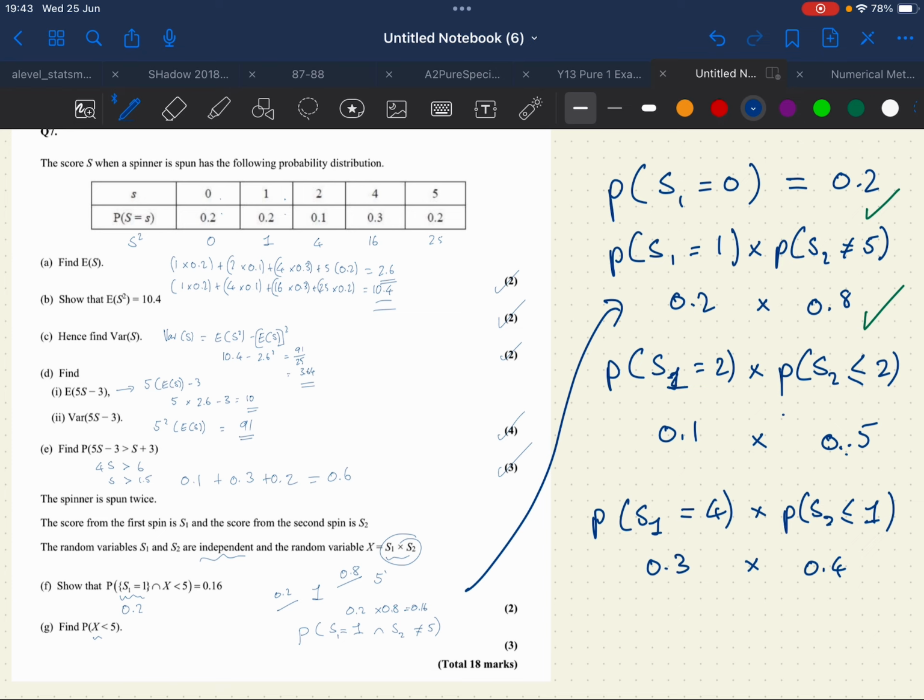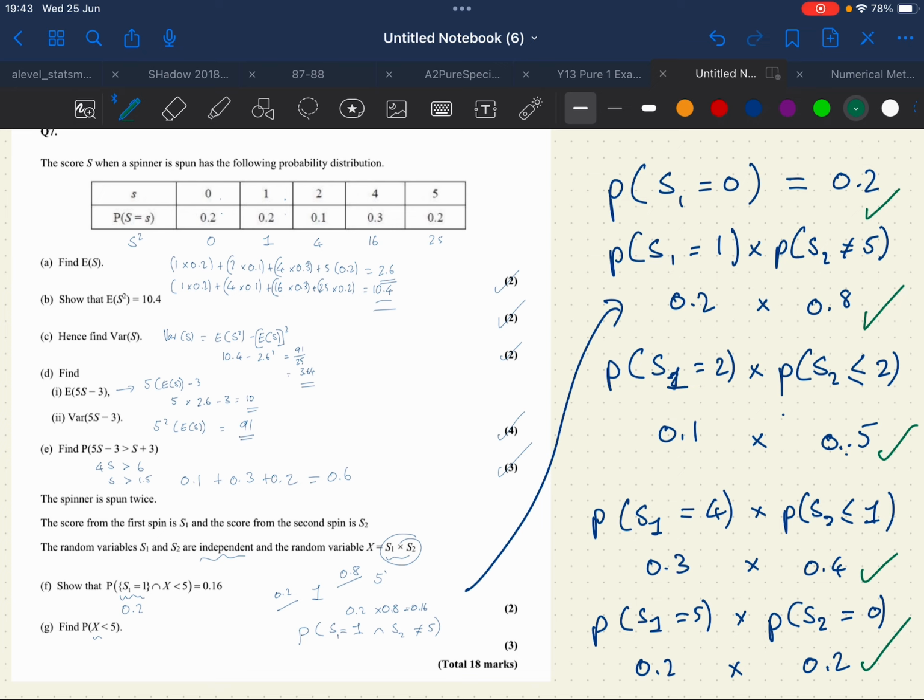And if you have a 5, you have to have a 0. So if that's a 5, this is the probability that S2 has to be equal to a 0, isn't it? Which is, don't just write 0, that would mean you've switched your brain off at that point. So S2 equals 0 is 0.2. So I would like now to find the sum of all of those probabilities there.